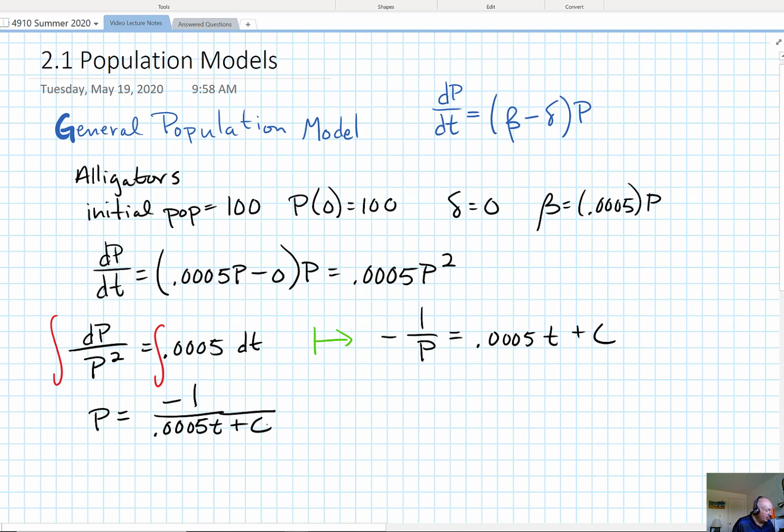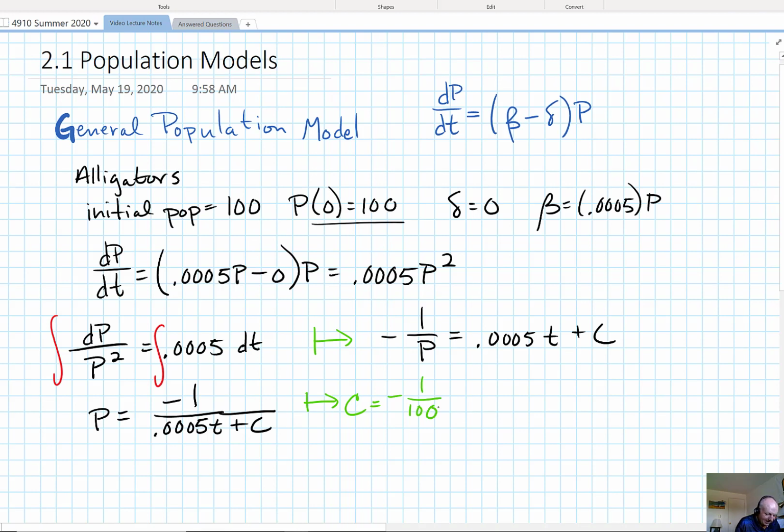And then I can go on to find what c is. If I plug in 0, 100, I end up with c being -1 over 100.